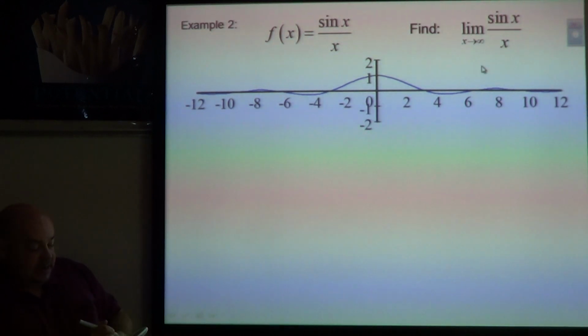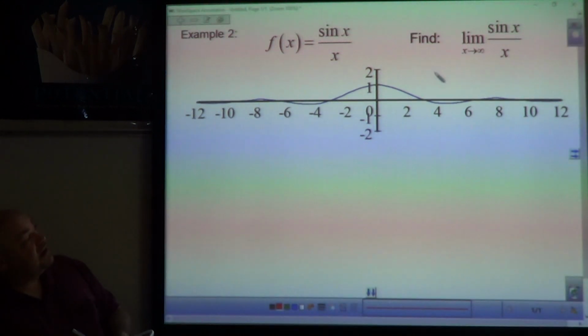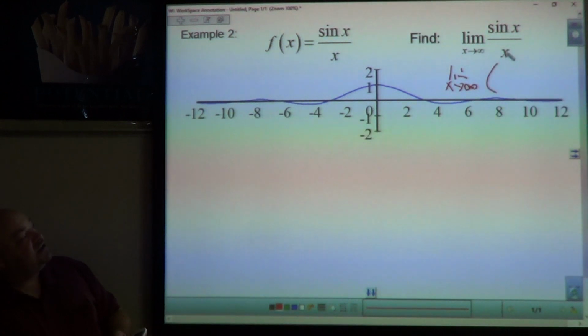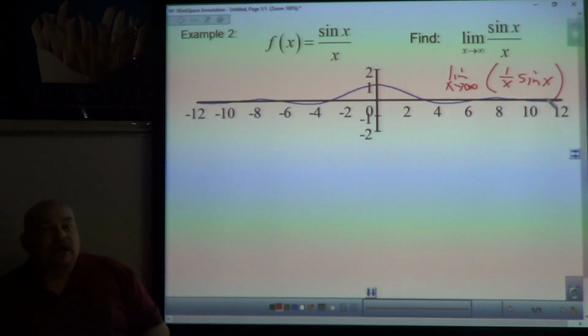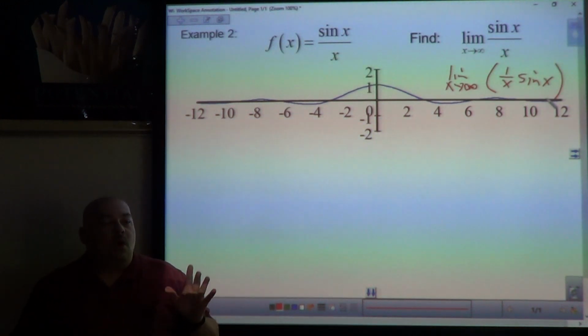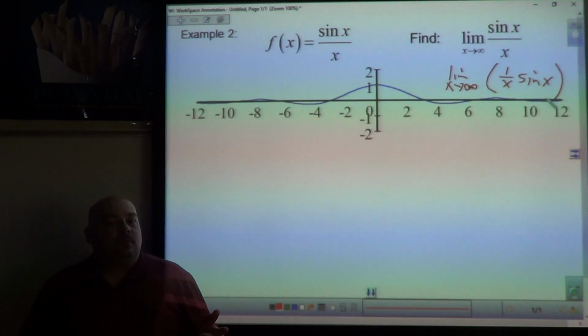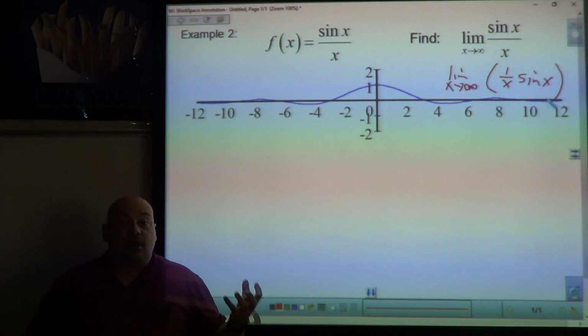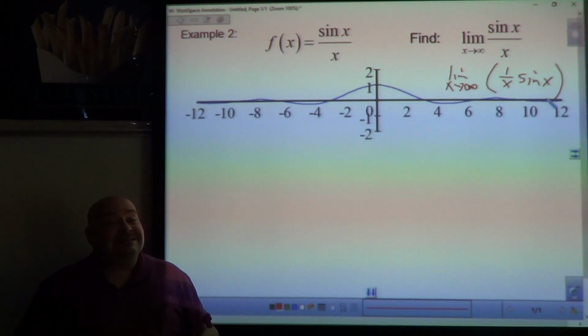What we're really looking at is the limit as x approaches infinity, and we're expressing it not as sine x over x, but thinking about this as 1 over x times sine x. Now, if we talk about it in that way, what is 1 over x? Well, if you think back to when we talked about our trig functions, 1 over x is actually the amplitude.